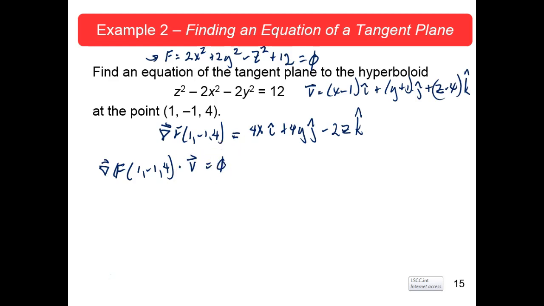So to dot these, it'll be 4x times x minus 1. And dot products are not a vector, it's going to be a scalar.